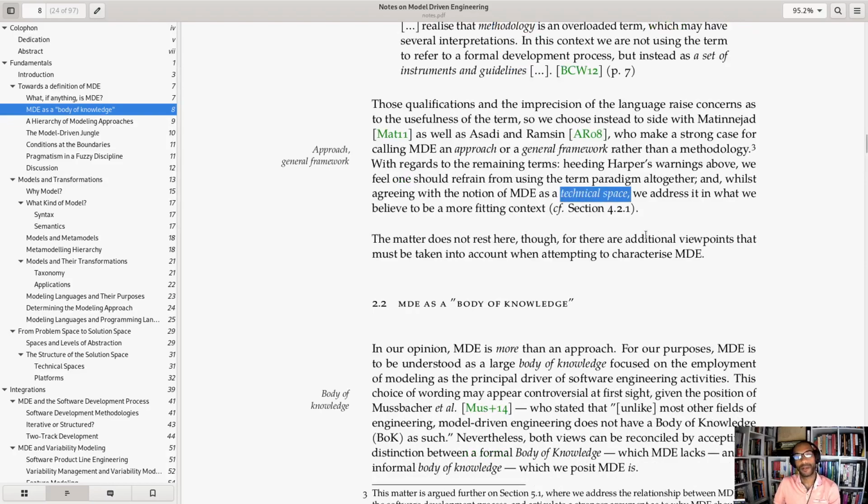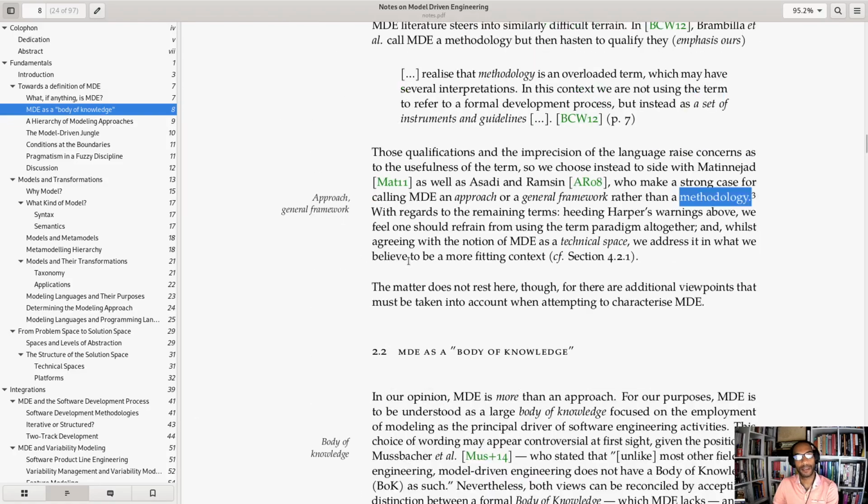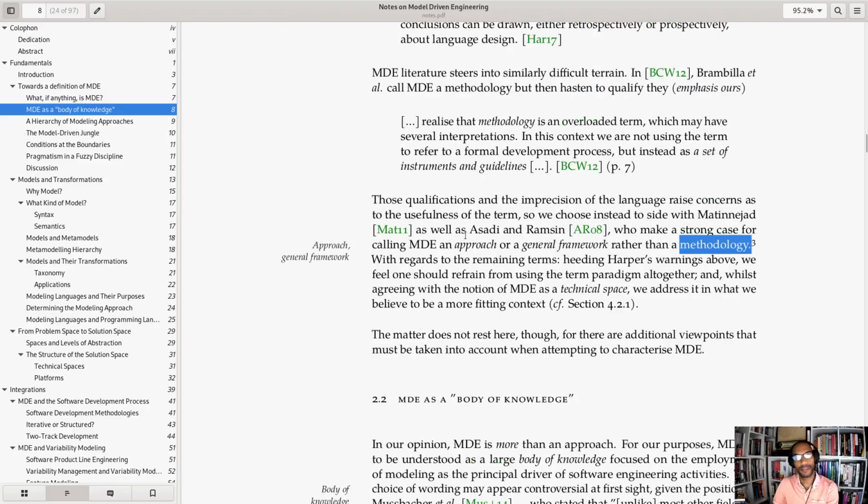As we've seen before, when we discussed technical spaces and platforms, that's exactly the kind of problem we have with almost every term that is used inside of model-driven engineering. And as I explained, we don't even have a proper definition of what a methodology is in computer science, and I believe it is wrong to call model-driven engineering a methodology, because normally a methodology is very well defined, and we don't really have that definition in terms of model-driven engineering.